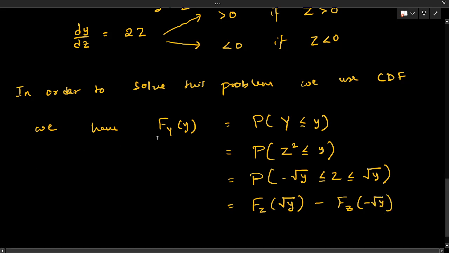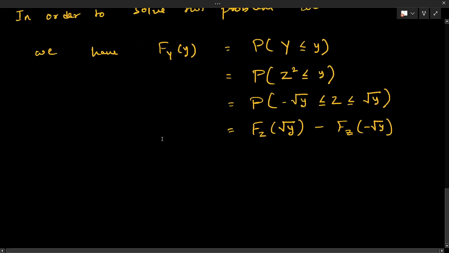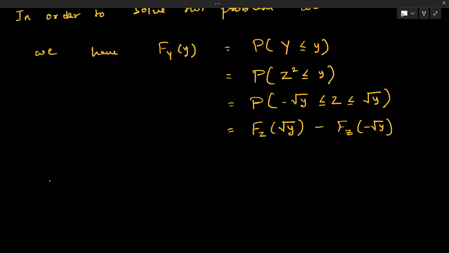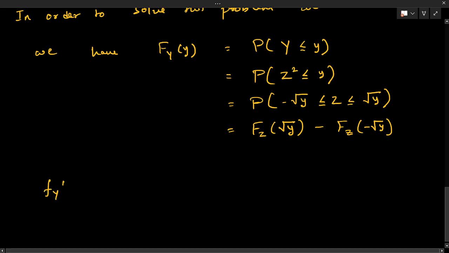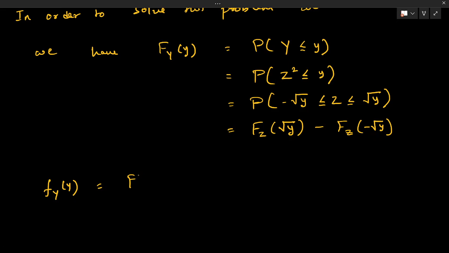So what will be the density function of Y? Now the density function of Y will be f_Y(y), which is nothing but the differentiation of the cumulative distribution function, that is F dash Y of y, which is equal to the differentiation of this given value. What is the differentiation of F_Z of root y?